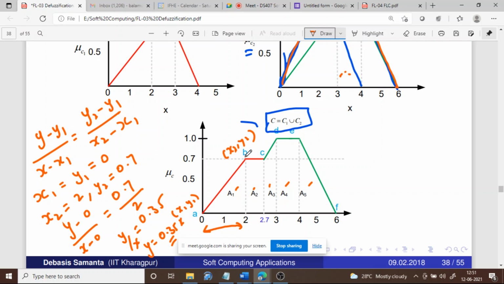If you take BC, then this point is x1 y1 and this point is x2 y2. Now what is x1 y1, if you consider BC?